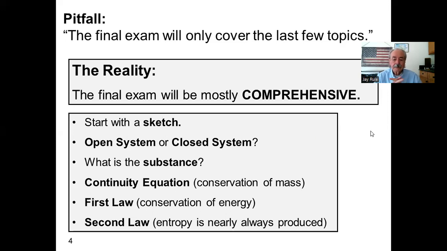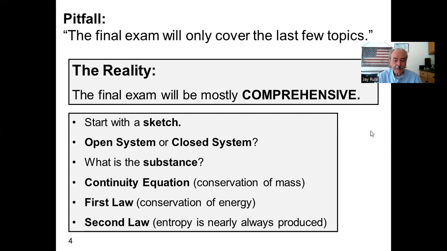So here's what I want to remind you. First, think about your own problem solving, your own performance on quizzes and tests so far, and what has worked for you. Here's what I hope has worked for you. Every time you read a problem, you start with a sketch. Then you think, now that I've come up with a little sketch, do I have an open system or a closed system?